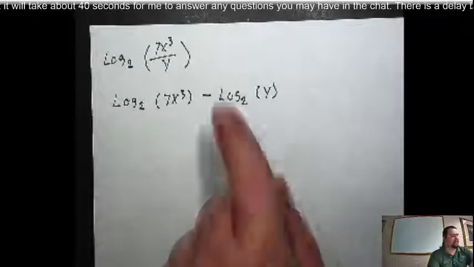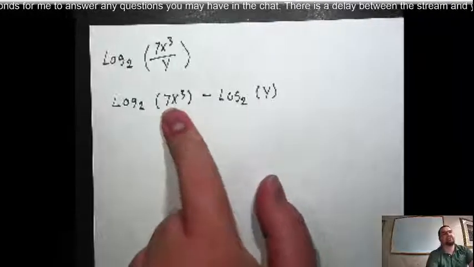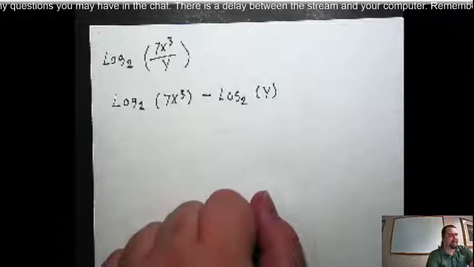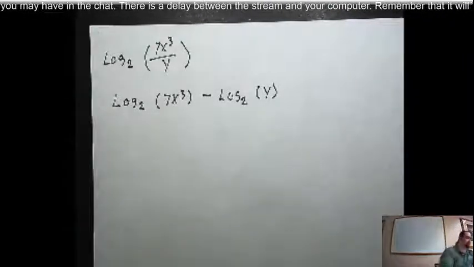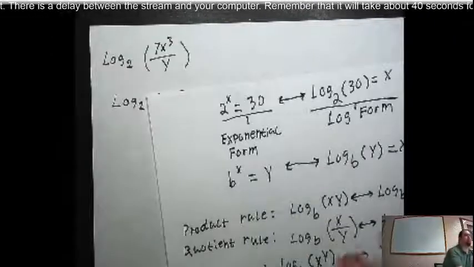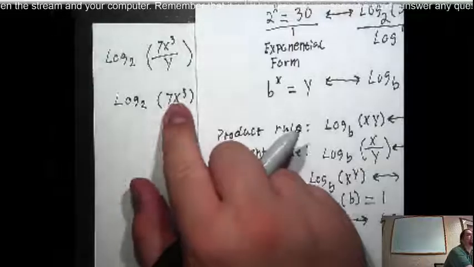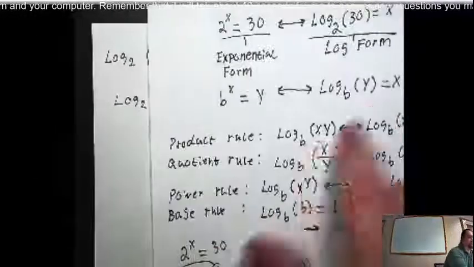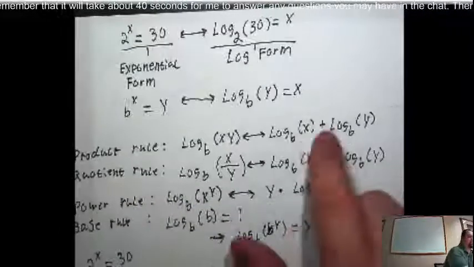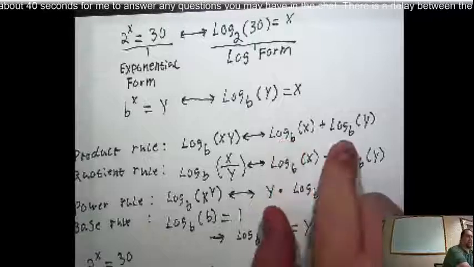Well, that's nice. This looks pretty good. That's pretty simple. But this one still has stuff going on inside of it. So let's look at our rules again. I see the product rule. So I've got 7 times x to the third. And the product rule says that if I have the log of something times something, again, I can split those up as two different logs that are adding.